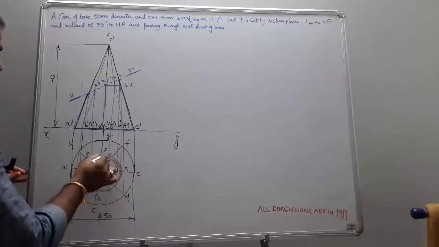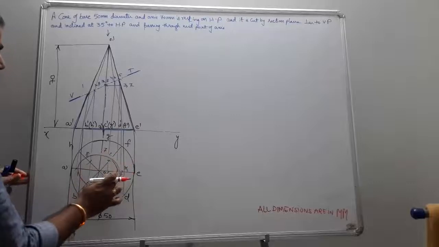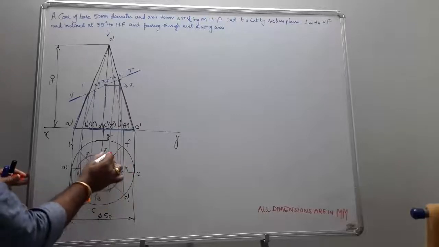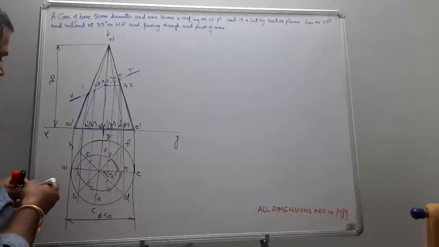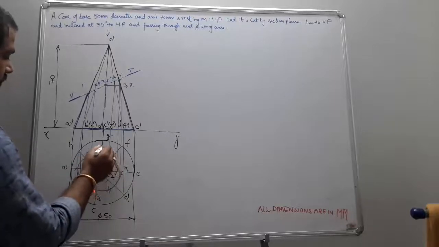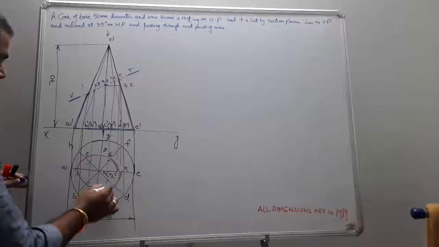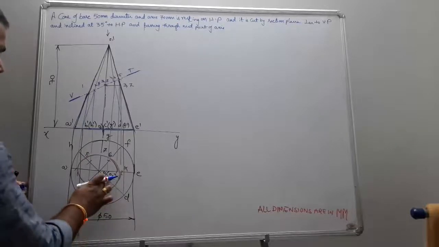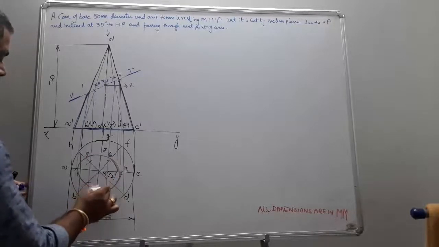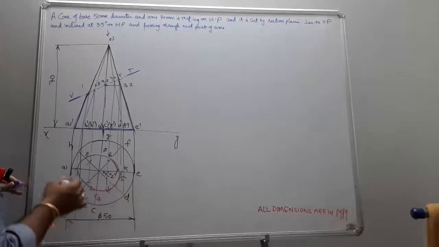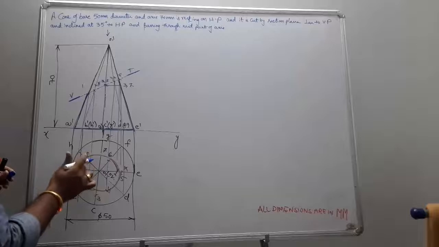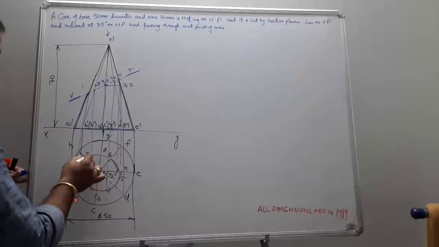If you join all the points, you will obtain it like this. It becomes 6, 7. Now mark the section hatching.